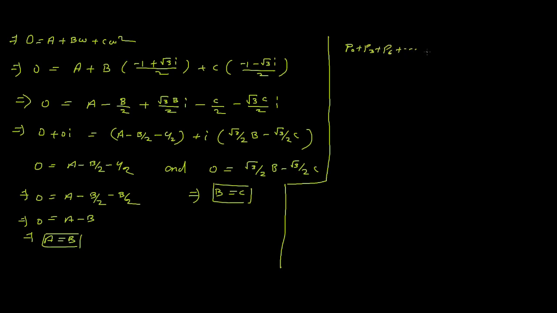Likewise, B is p1 plus p4 plus p7, and that is the same as C, which is p2 plus p5 plus p8.